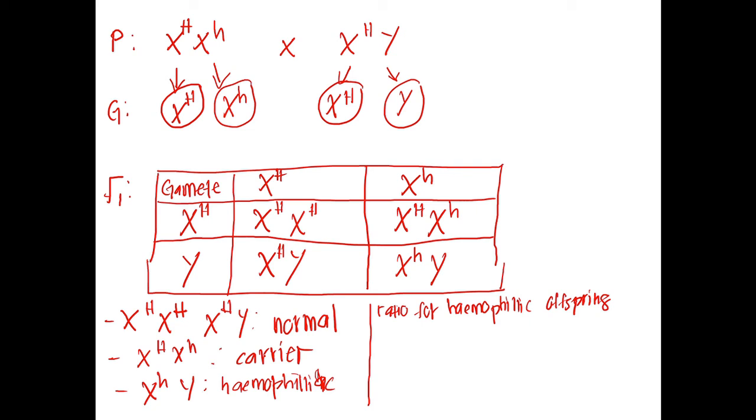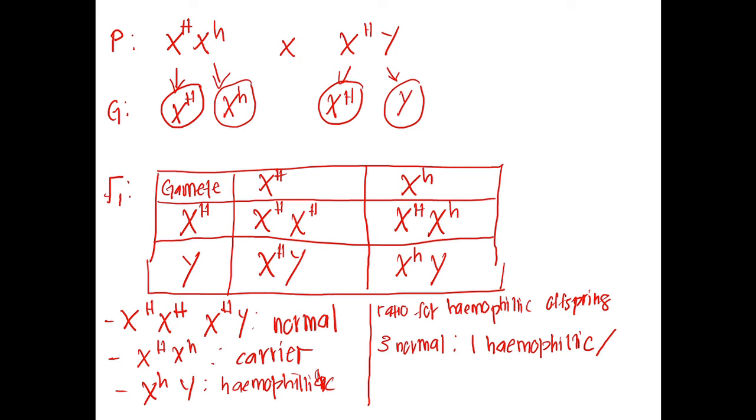Because phenotype does not mean based on genotype but phenotype. So this carrier will be normal because they might not have the symptom of hemophilia. So it will be 3 normal to 1 hemophilic offspring.